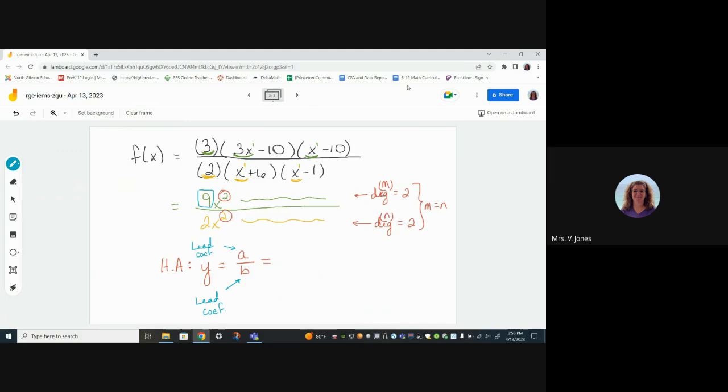Here 9 is the lead coefficient of your numerator, and 2 is the lead coefficient of your denominator. So y equals 9/2. Your horizontal asymptote would be y equals 9/2.